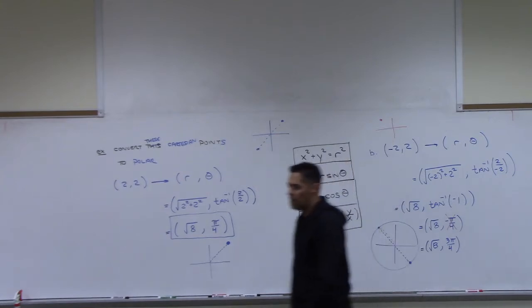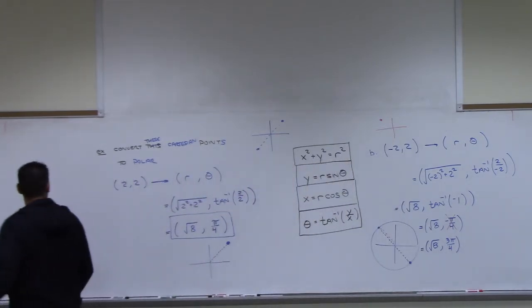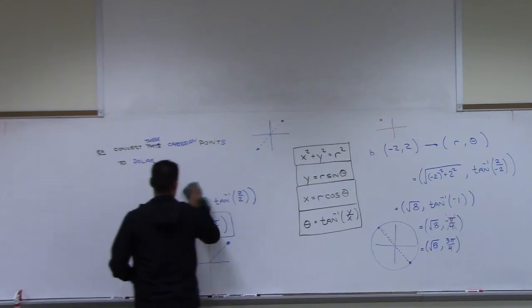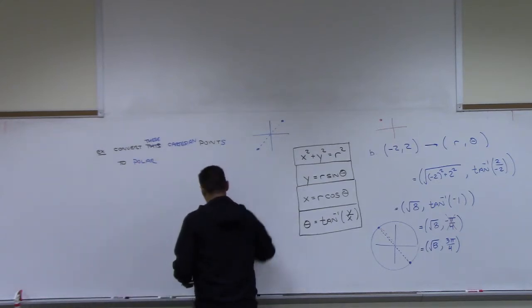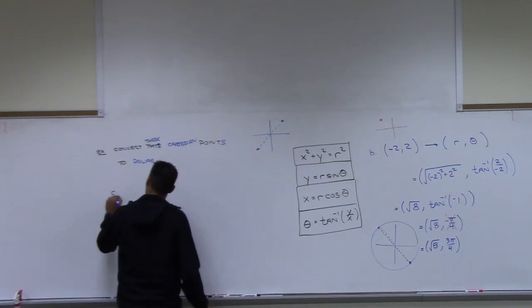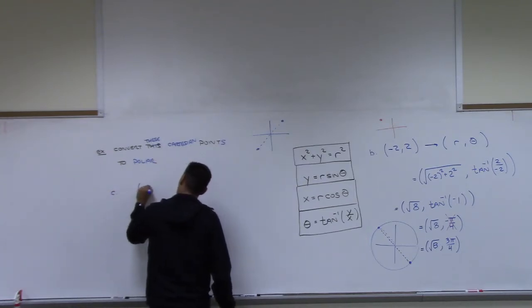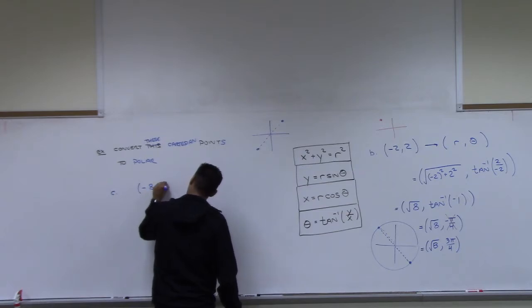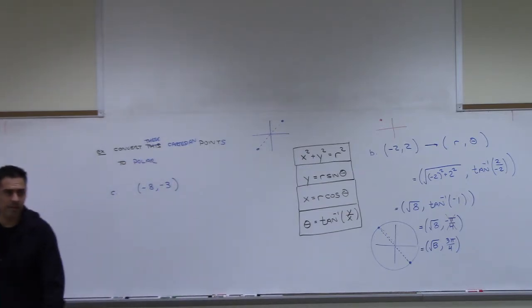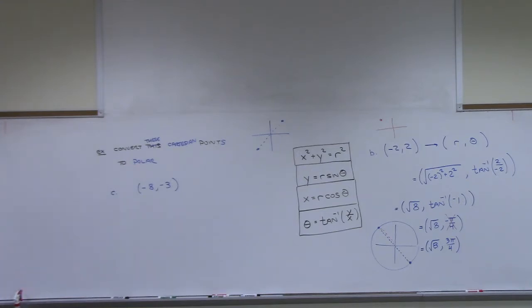All right, let's do another one. How about this one? Negative 8, negative 3. That is a Cartesian point. It lies in which quadrant?